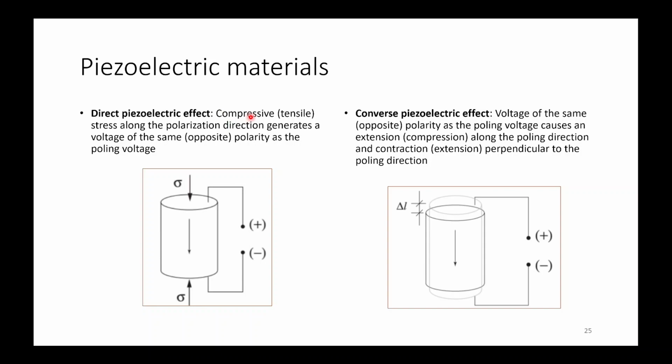Now in case of direct, compressive / tensile stress along the polarization direction generates a voltage of the same / opposite polarity as the poling voltage. In case of converse, voltage of the same polarity as the poling voltage causes an extension along the poling direction and contraction perpendicular to the poling direction.